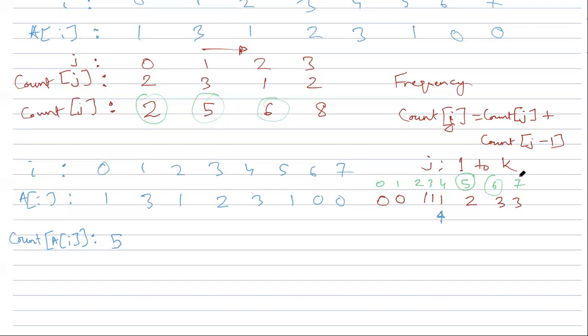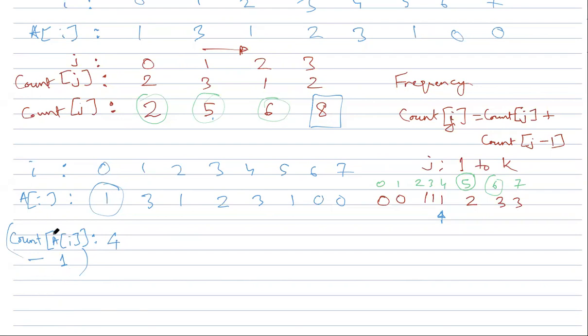So we have to subtract 1 from it because of the 0 based indexing, because this is representing the 1 based order. So this is going to be the positioning of this 1. The positioning of this 1 is based on here. So this is going to be derived from 5, so you have to do 5 minus 1. So we have to do count of this minus 1, which is going to be 4. The positioning of this is going to be 4.